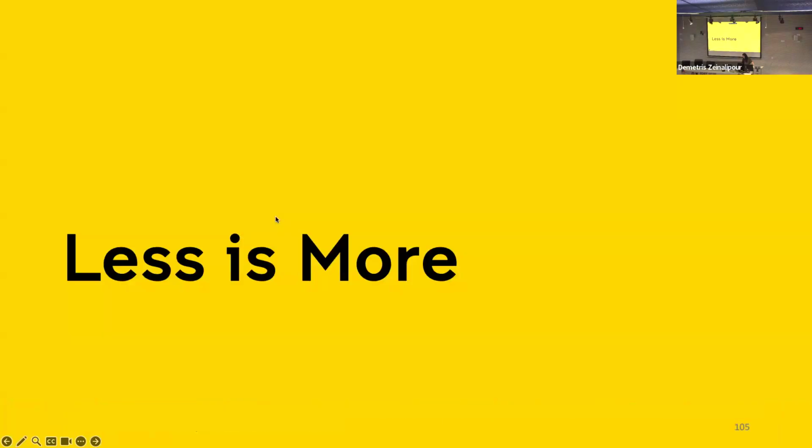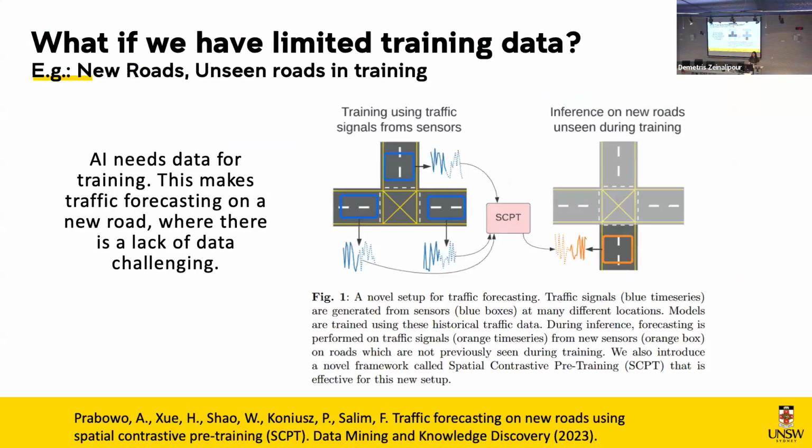Okay. Now, the question again, going back to the SSL paradigm, less is more. What about if we have limited training data? An example of doing pre-training for spatial temporal data with the SSL paradigm is applicable for things like forecasting on new roads.